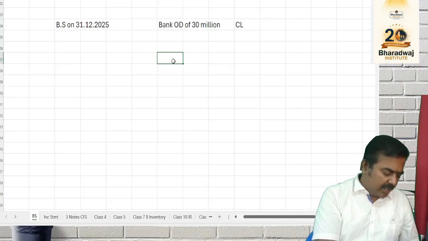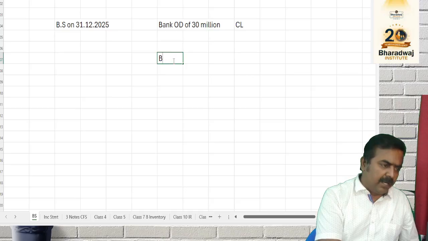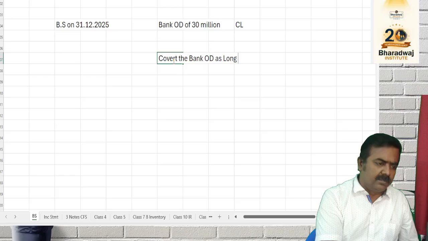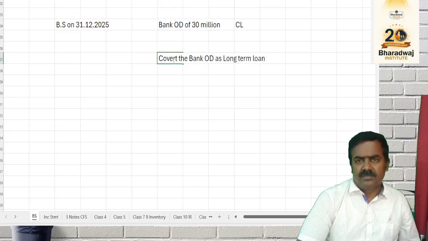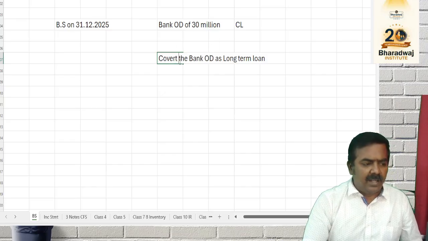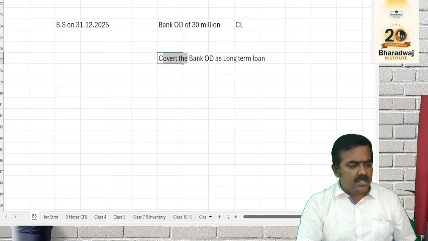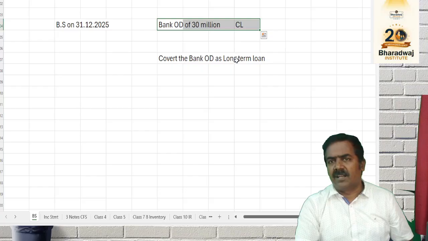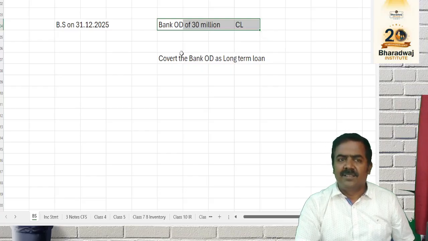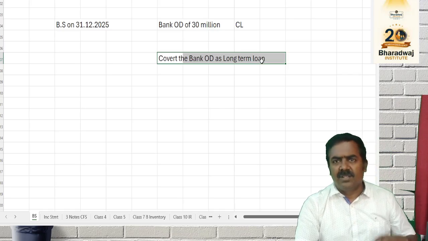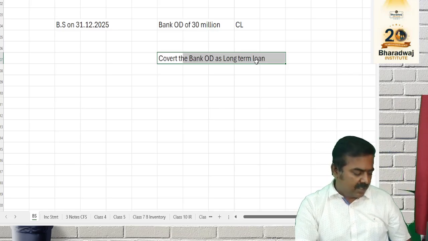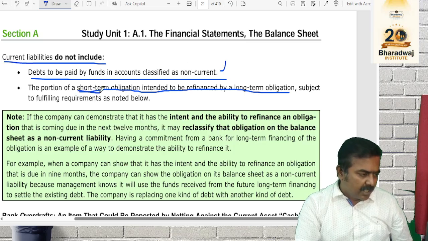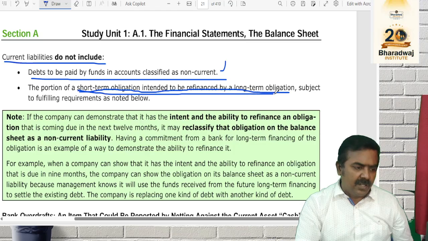Now we apply to the bank and convert the bank OD into a long-term loan. Now will the bank OD be called a current liability? No. Why? It will be converted into a long-term loan. It will be paid after 3, 4, 5 years. That is what this point is: the portion of a short-term obligation intended to be refinanced with a long-term obligation, subject to the fulfillment of conditions.